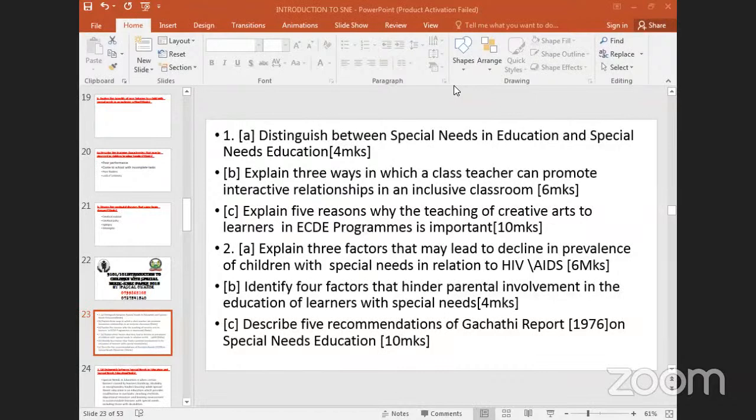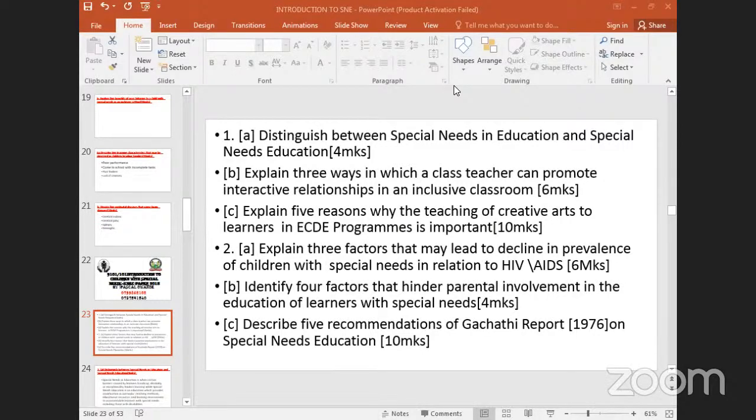We have talked about guidance and counseling, about testing, and also awareness, creating awareness for these children with special needs on how they can prevent themselves from getting HIV. If there is no other person reacting to this question, we move on to question B.